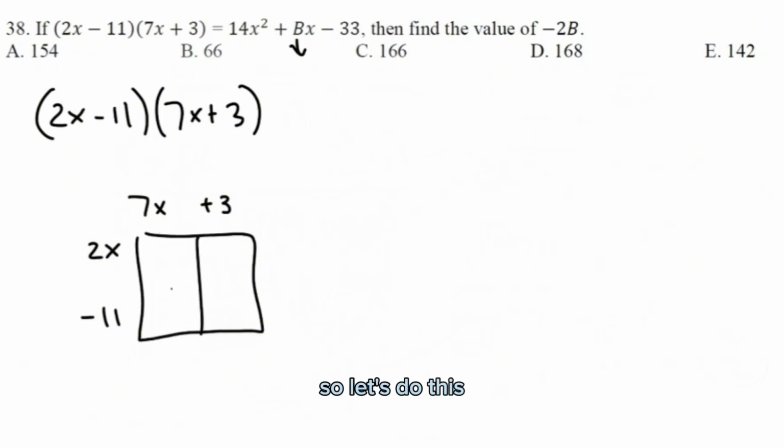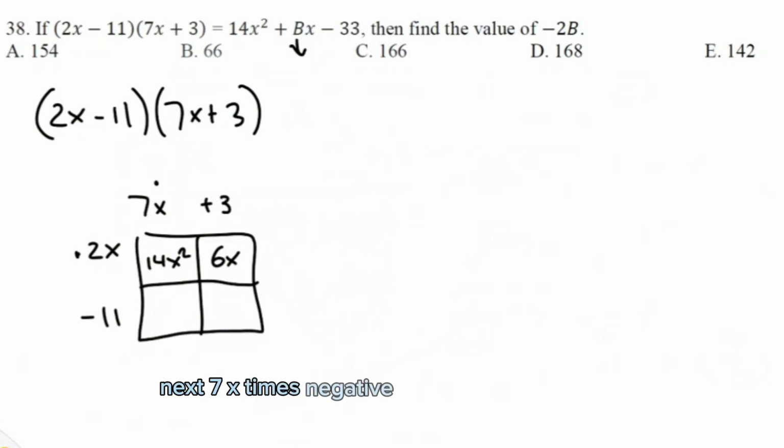So let's do this. First, 7x times 2x. That's 14x squared. Next, 2x times 3. That's just 6x. Next, 7x times negative 11. That is negative 77x. Finally, negative 11 times 3. That's negative 33.